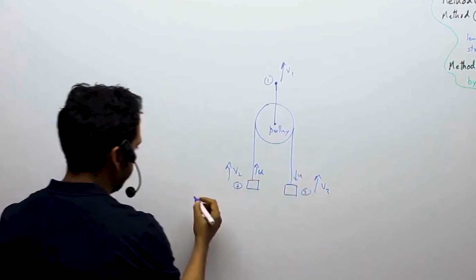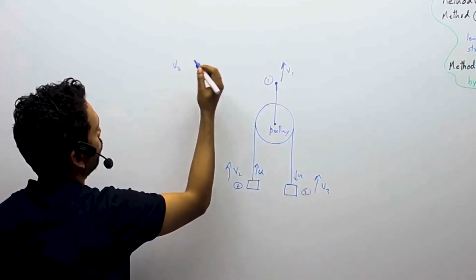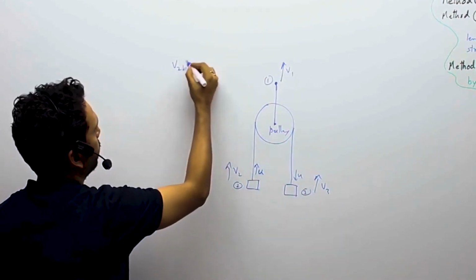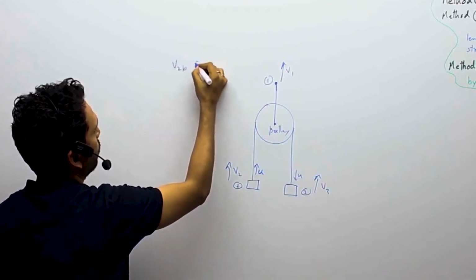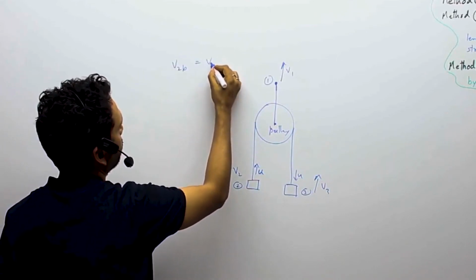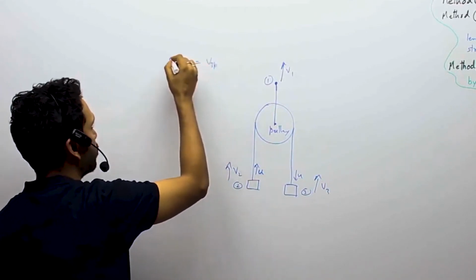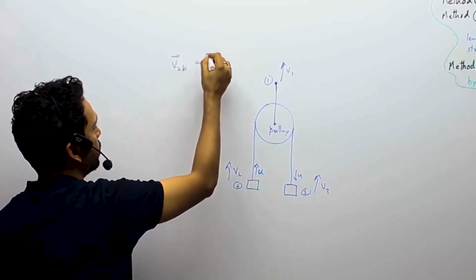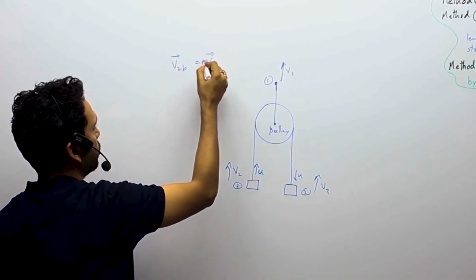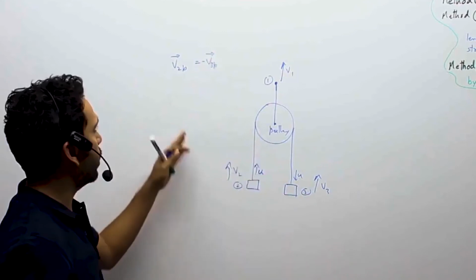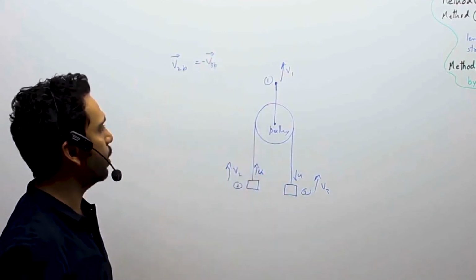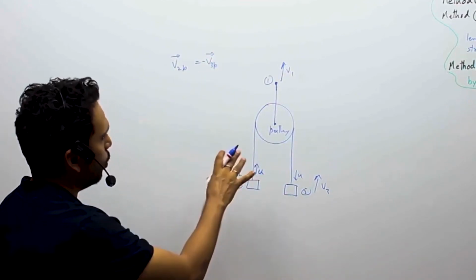So velocity of 2 with respect to the pulley is equal to velocity of 3 with respect to the pulley. So this is, one is upwards and one is downwards. So one is negative of the other. What I'm planning is to use our known equations in relative motion over here.